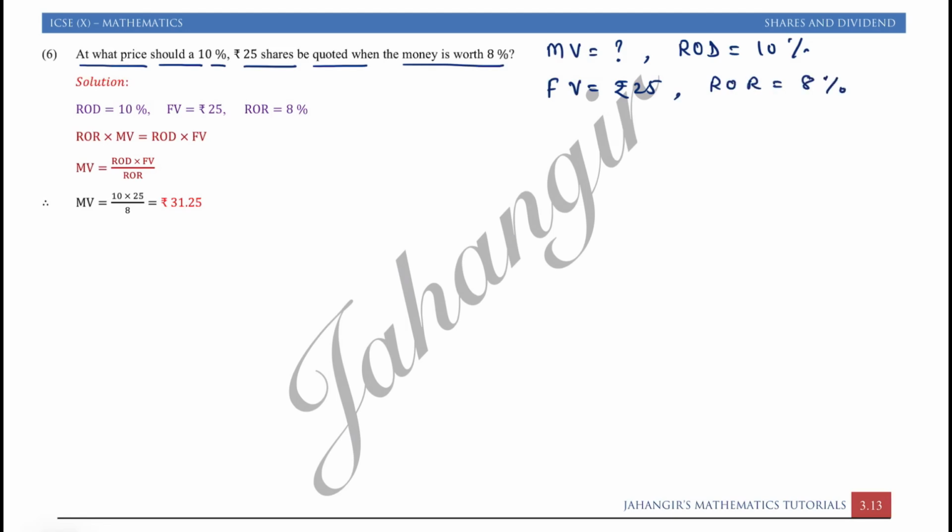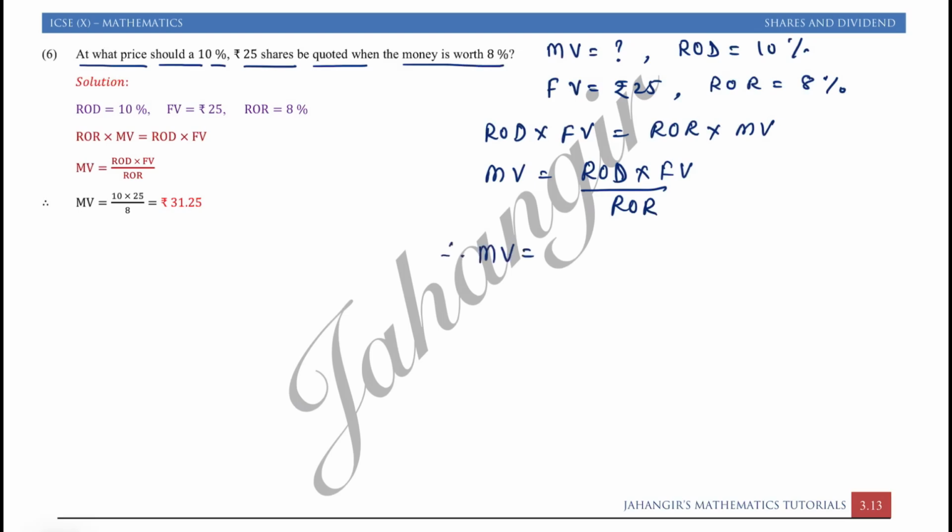So here again we will use the same formula, ROD into FV is equal to ROR into MB. We have to find MB, so MB is equal to ROD into FV upon ROR. Therefore MB is equal to ROD 10% into face value 25 upon 8.